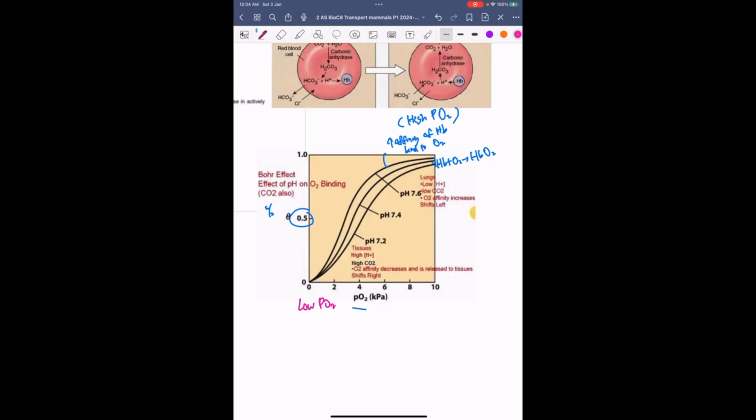The oxyhemoglobin will tend to dissociate to release the oxygen, so they will have these free hemoglobins.